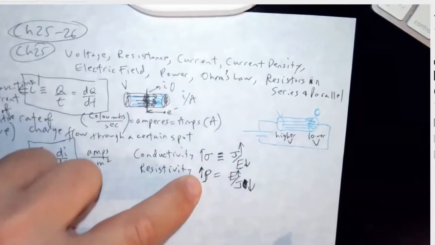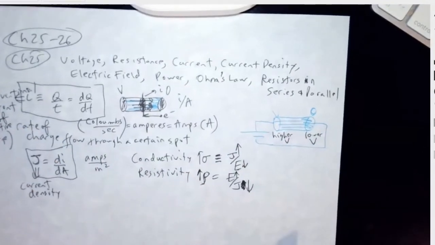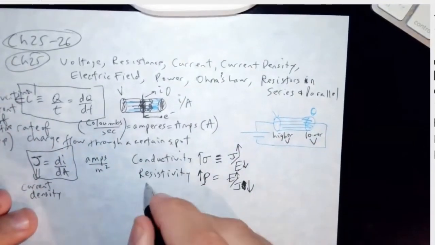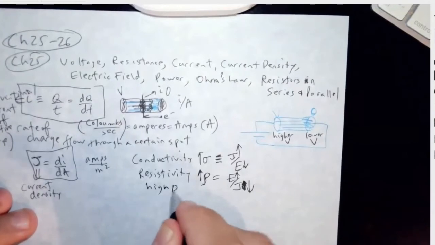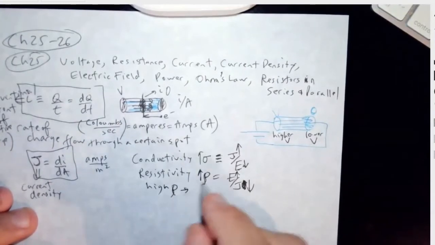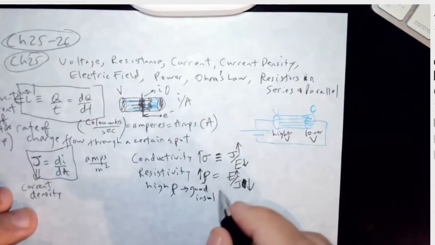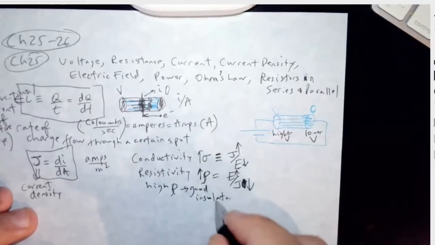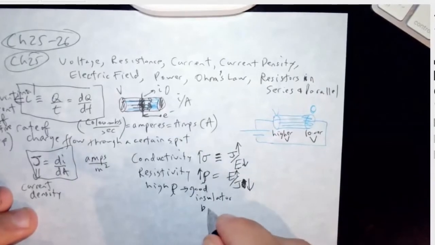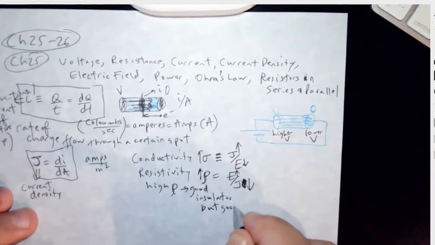So that would be a good insulator, good electrical insulators. So high resistivity yields good insulators, but poor conductors. Good insulator, but poor conductors.